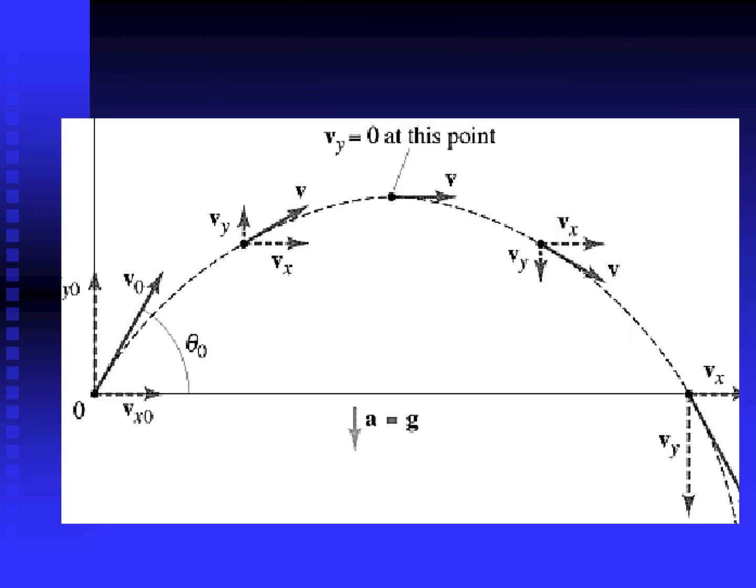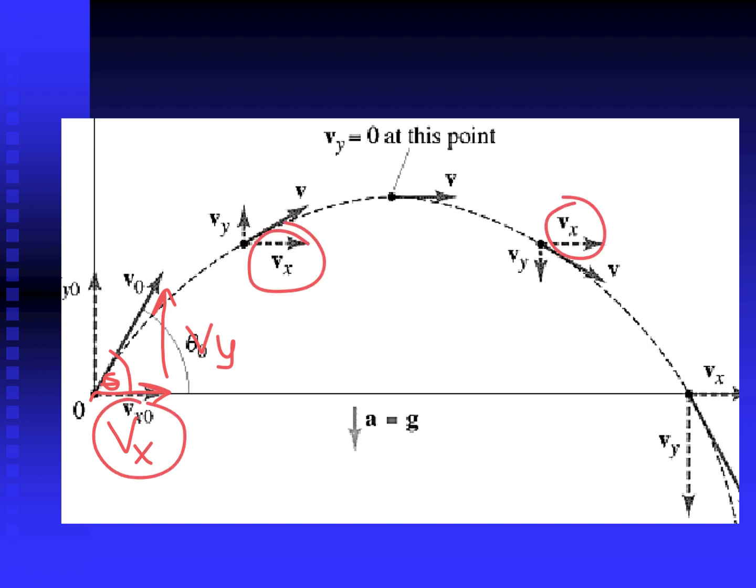All right, so here is an example of an angled projectile, right? And of course, this angle is our theta. Now that it is launched at an angle, we can break this up into its velocity x component and its velocity y component. Now remember, Vx, velocity in the x direction, stays constant throughout.